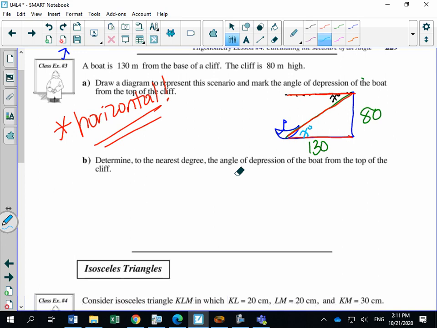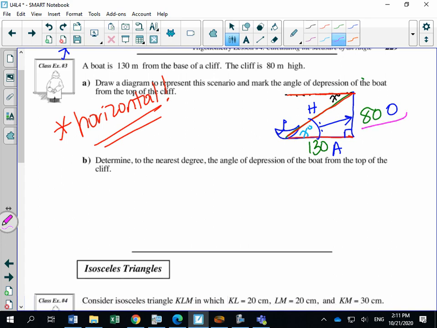Determine to the nearest degree the angle of depression. So the angle of depression, I'm not even going to calculate it because here's my triangle right here. I'm just going to calculate the angle of elevation because I know that these two are equal. So according to my triangle, 80 would be my opposite. There's my 90-degree angle. So this would be my hypotenuse, and 130 would be my adjacent.